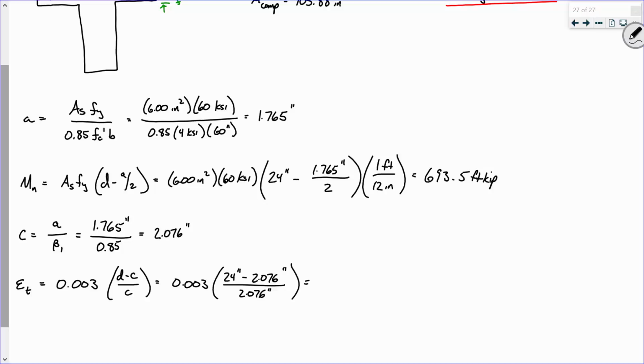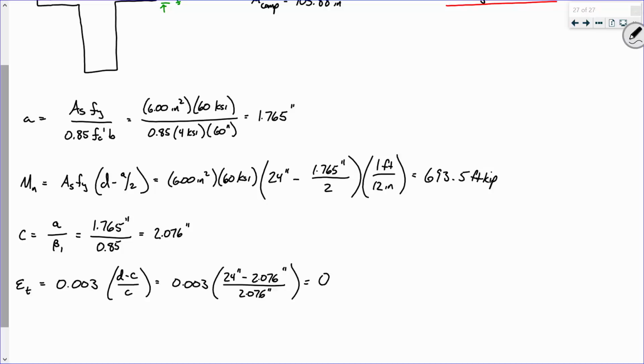First off, what are the units going to be? Let's see if everybody's paying attention. There are no units. This is a strain. Remember, strain is inches per inch or millimeters per millimeter. So now what do we got here? 0.03168.